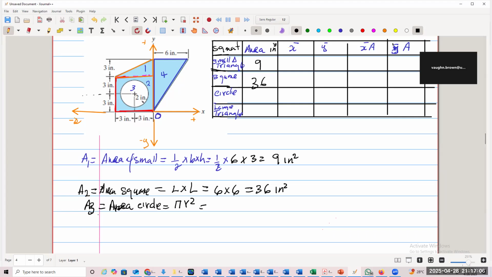So that is equal to pi times the radius. The radius of the circle is what? What's the radius of the circle? 2 inches, sir. 2. So it's 2 squared. So that is going to be 4 pi, 4 times pi. So that is equal to how much? So pi is 3.142, times 4.